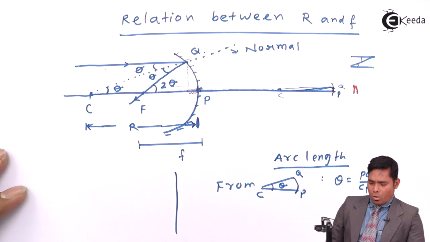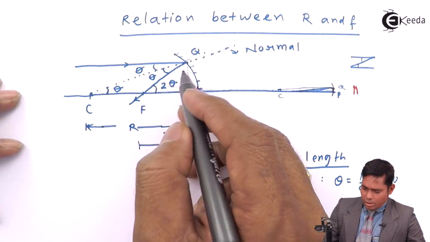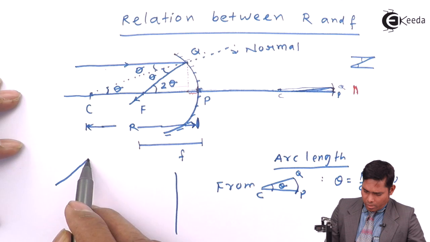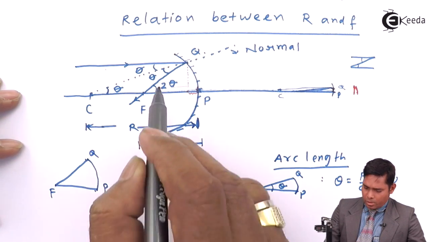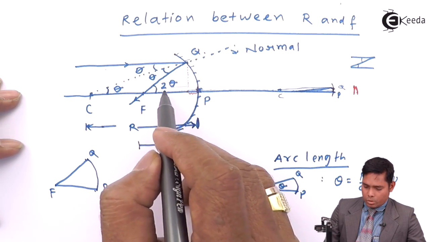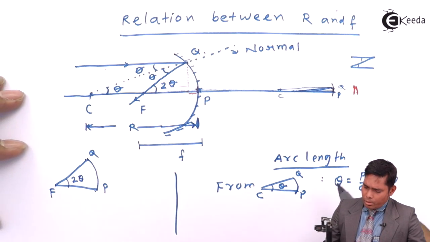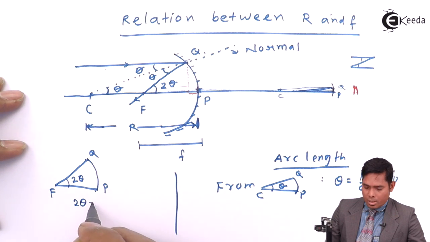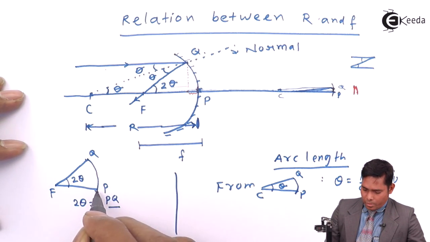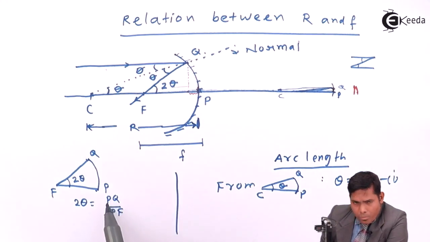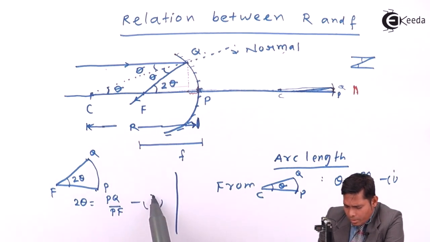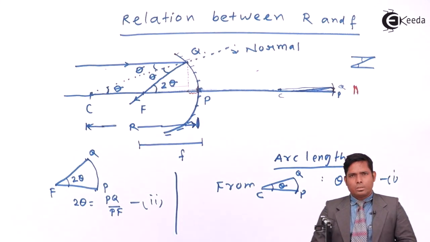If I think of this sector F, Q and P, this one, 2 theta. Again, I will use the formula that angle is arc length upon this radius, then also there is no problem. Now, from these two, we will relate the focal length and the radius of curvature.